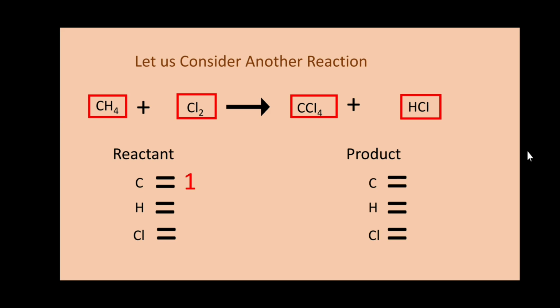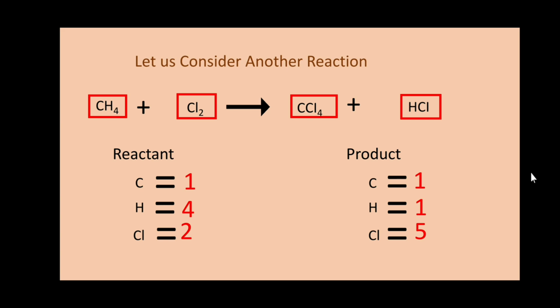Carbon has 1 atom on the reactant side, and at the same time it has 1 atom on the product side. 4 atoms of hydrogen on the reactant side, 1 atom of hydrogen on the product side. Chlorine has 2 atoms on the reactant side, 5 atoms on the product side.